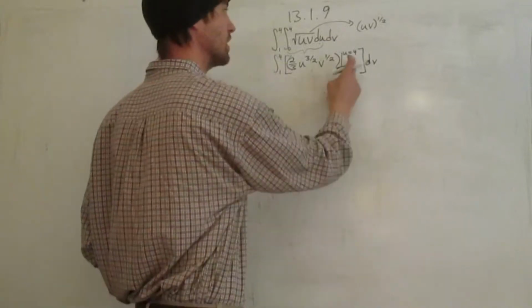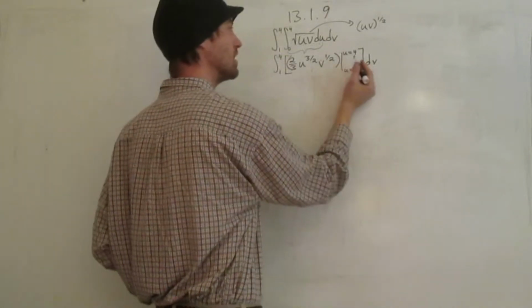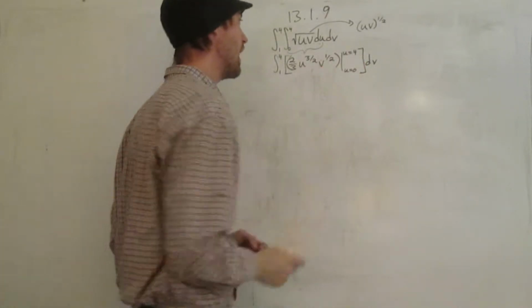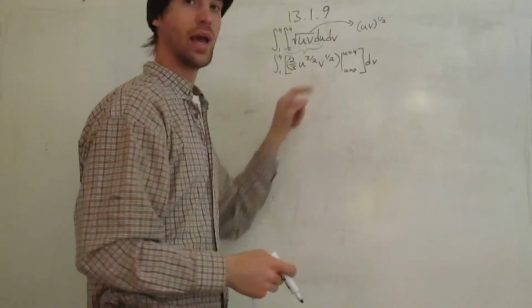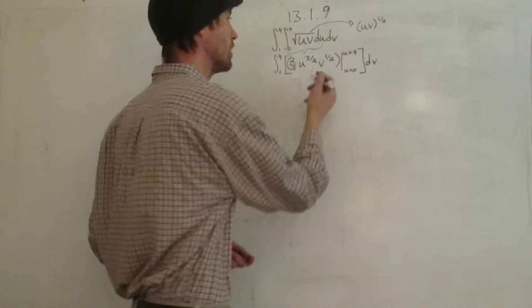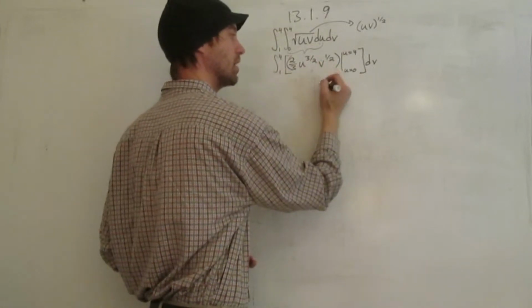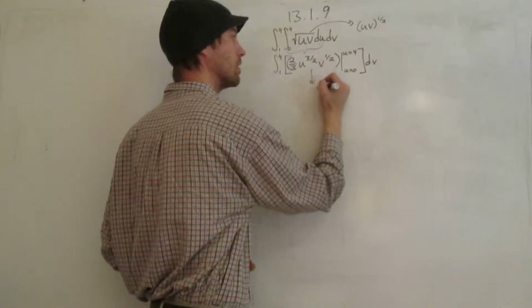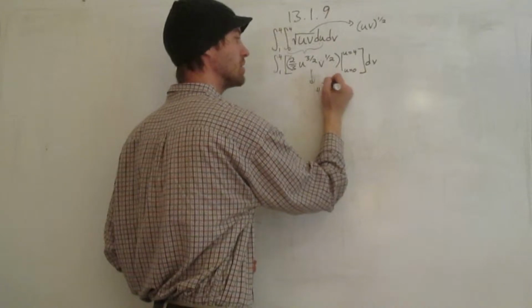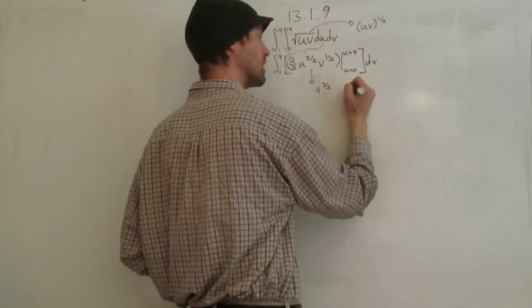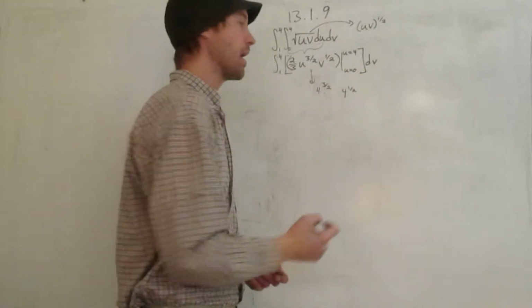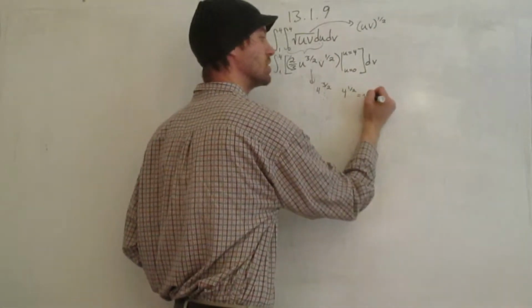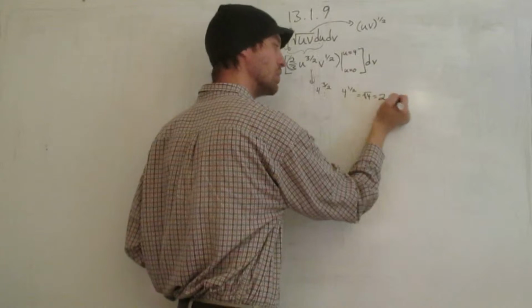Well, first we need to evaluate this inner integral. So we plug in 4 here, and one thing that is good to note is 4 to the 3/2. What is that? The best thing to do is think of 4 to the 1/2, which is the square root of 4, which is equal to 2.